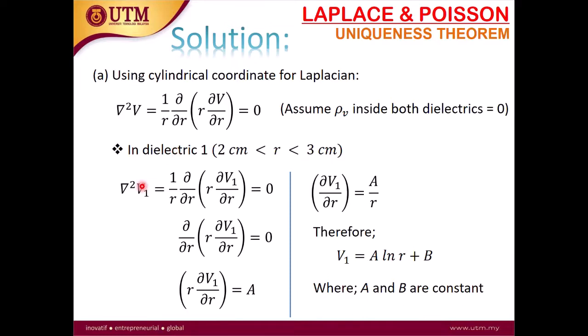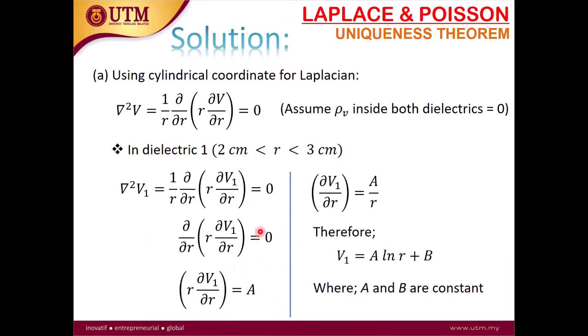So we have to analyze two regions, which is dielectric 1 between 2 cm and 3 cm, and here we have V1. So the Laplacian should be analyzed for V1. We have the Laplacian of V1 equal to 1 over R del over del R of R del V1 over del R equal to 0. So we bring R to the right-hand side, it's equal to 0, and then we integrate both sides.